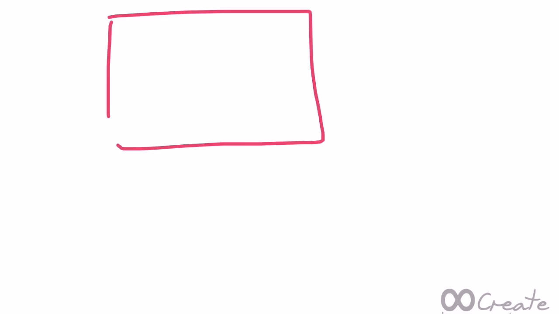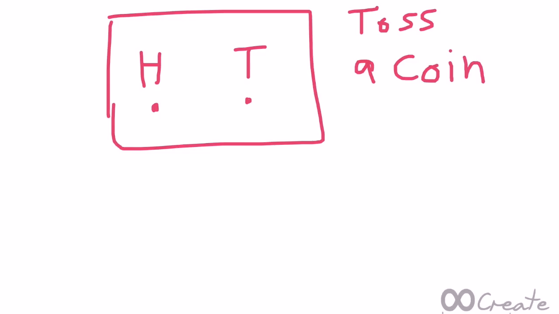I can also use a Venn diagram to show the outcomes. So in the case of tossing a coin, I have a dot for the head and a dot for the tail. If you toss a coin, you'll get these outcomes, and it's called a Venn diagram. In this case, I have 2 outcomes.